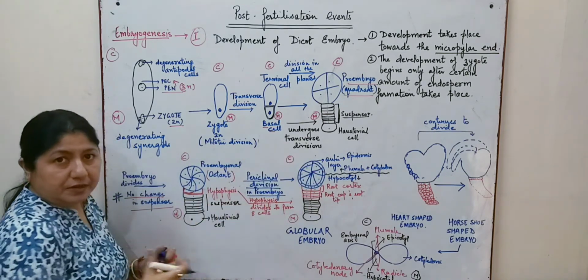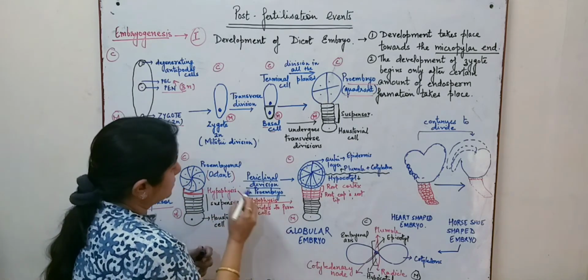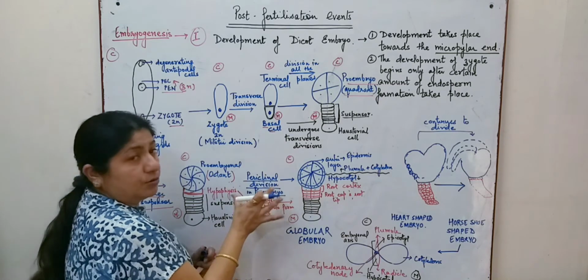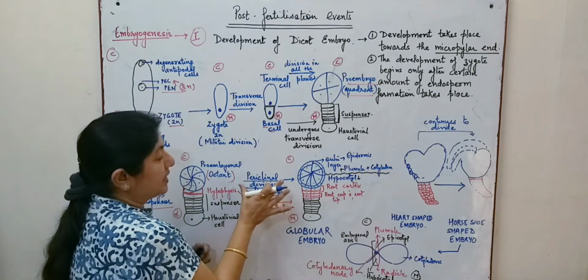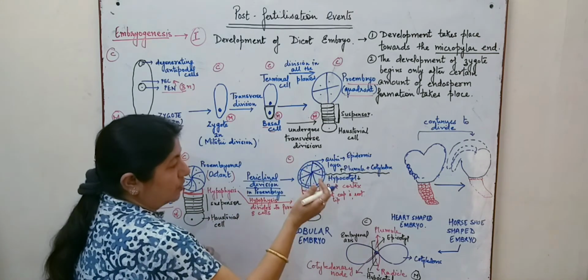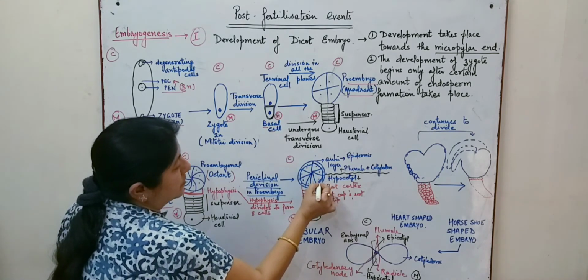Then next we'll discuss the other structures, what role they have. So the proembryo now has the periclinal division. This periclinal division means there is an inside and outside, so there will be formation of a structure from these cells.